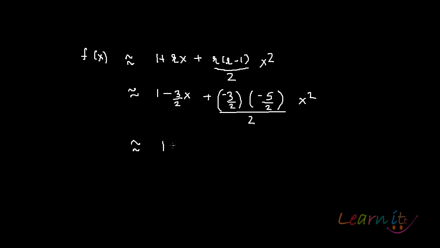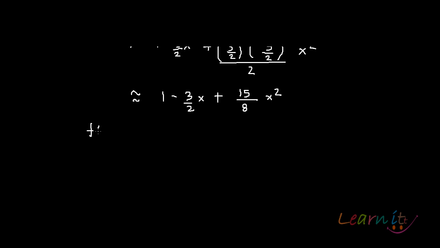What will this give me? This will give me 1 minus 3 by 2 x plus 15 by 8 x square. So, my quadratic approximation for f(x), which equals e to the power 2x into (1 + x) to the power minus 3 by 2 around 0, I can portray as a product of these two approximations separately, right?